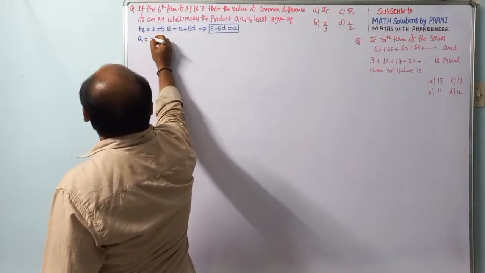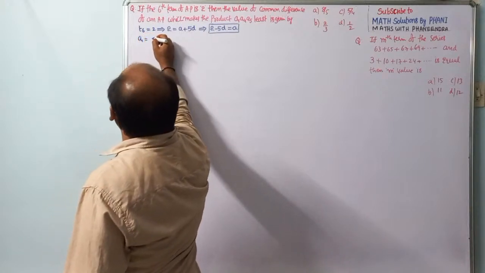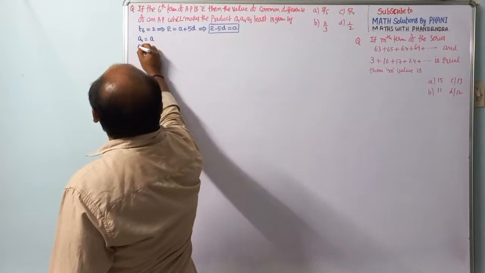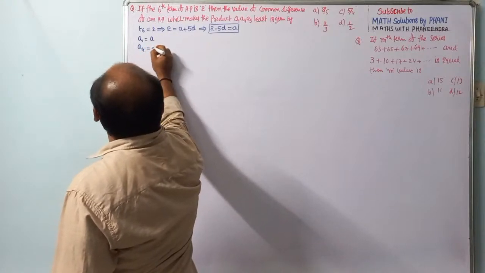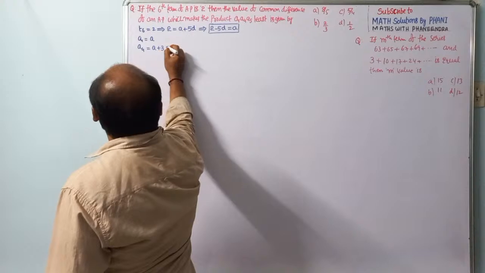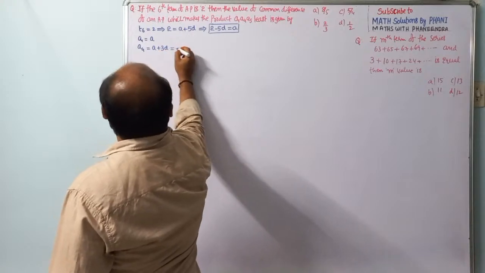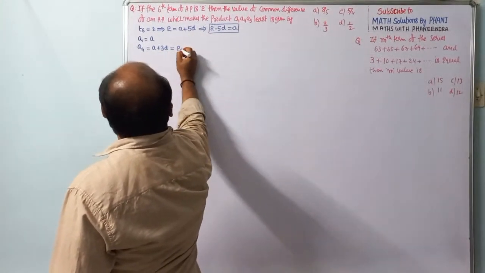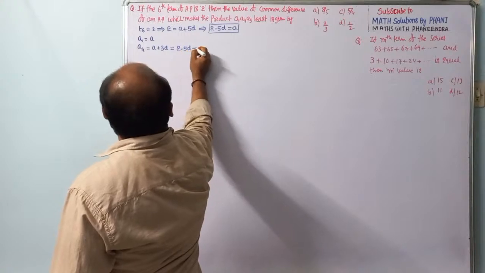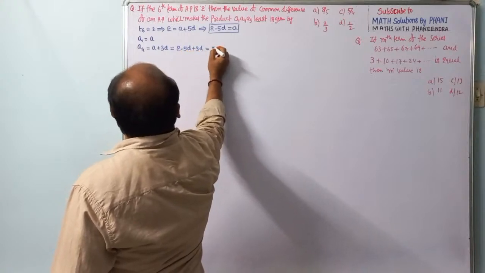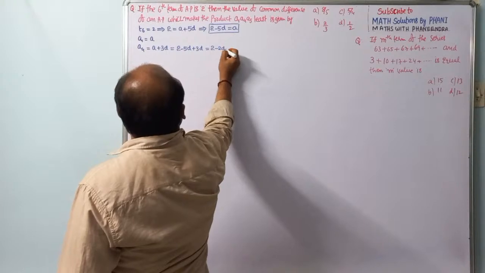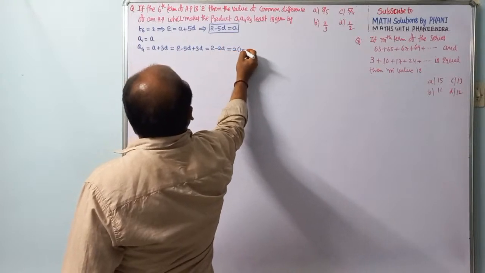A1 equal to the first term, A1 means A. Similarly, A4 means A plus 3D. So that is equal to A value, we got it now, 2 minus 5D plus 3D. That is equal to 2 minus 2D. So 2 take common, 1 minus D.